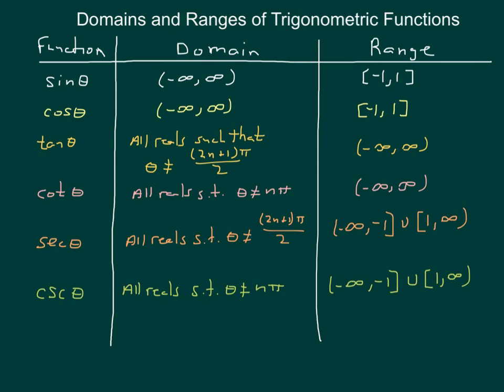Now, secant and cosecant are unique in that since they are reciprocals of sine and cosine, when I take the reciprocal of a number between -1 and 1, I'm going to get something that is outside of that. For example, 1/2 falls as a possible cosine value. If the cosine of the angle is 1/2, that would mean that the secant would be 2. So we're outside. We're bigger than 1.